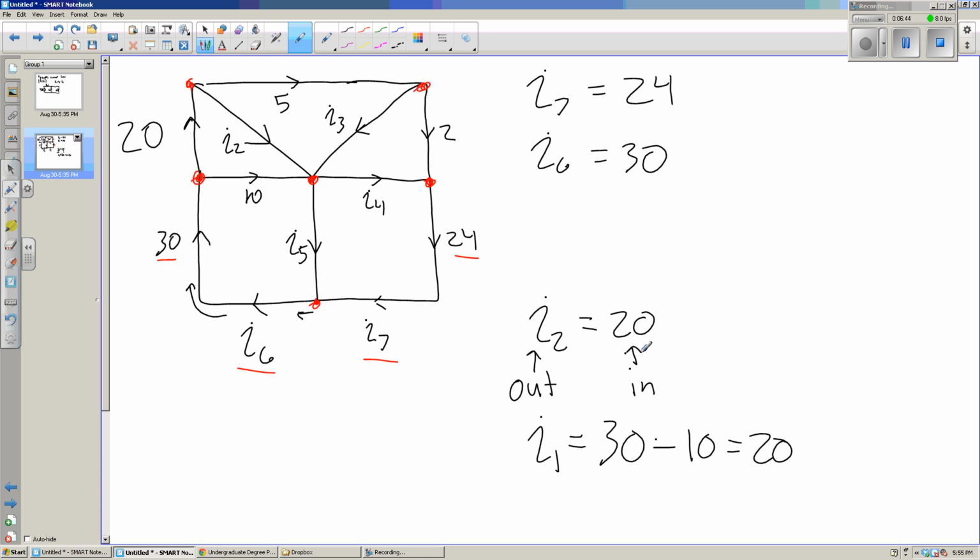Even though it's flowing out, I'll put it on the inside and just flip the sign on it. And here we get 15. All right, so now all we have left is I3 and I4. Solve those on your own and check your work with the lecture notes.